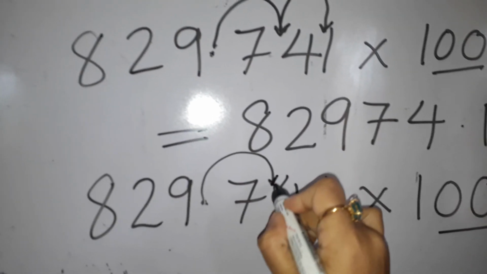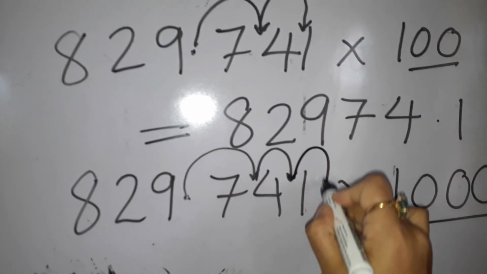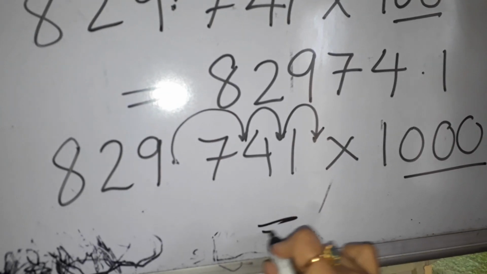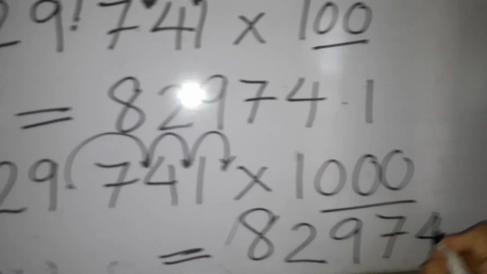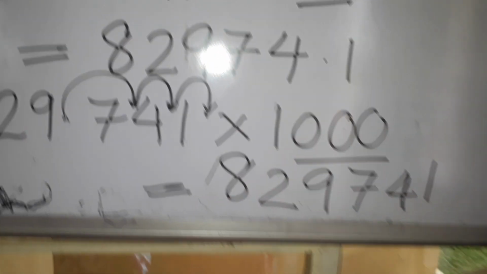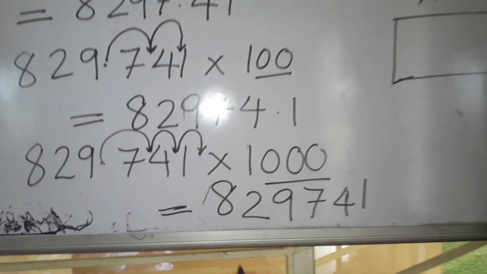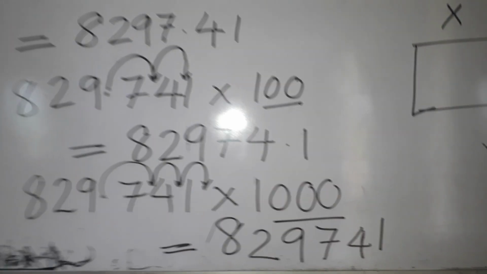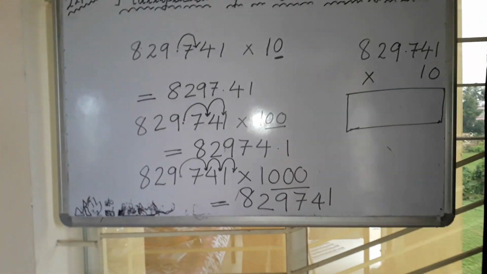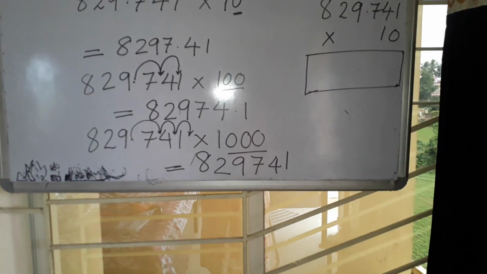First place, second place, and then third place. So the answer will be 829741. This will be the answer. So how do we read it? Read it as 8,29,741. So hope you all have understood how to multiply a decimal number by the powers of 10.